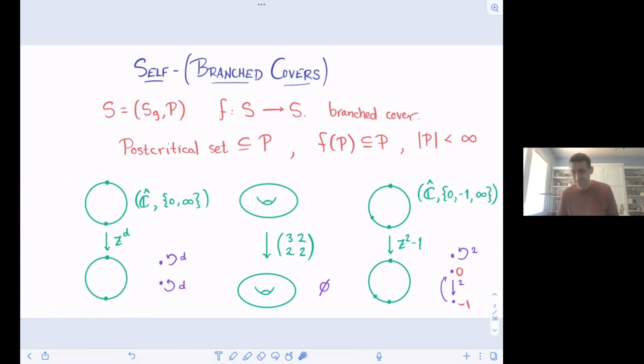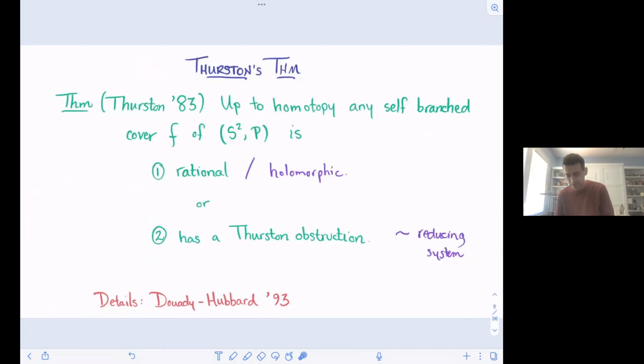Any other questions or comments? Do the homotopies move the marking on the bottom? No, they can't move the marking on the top or the bottom.